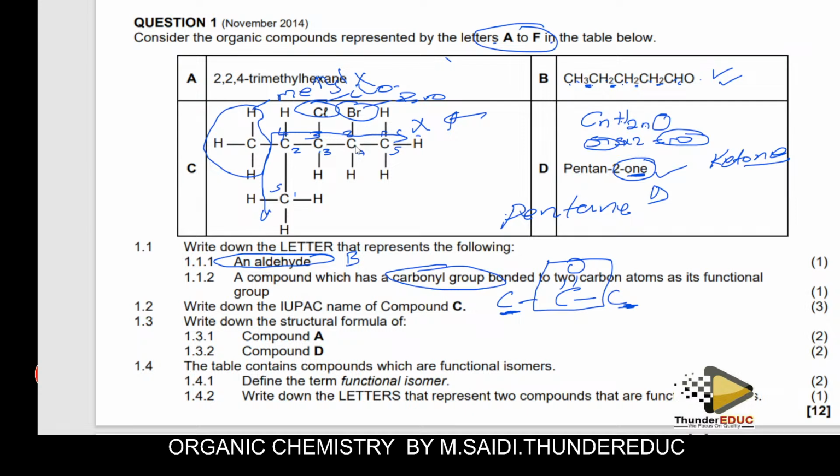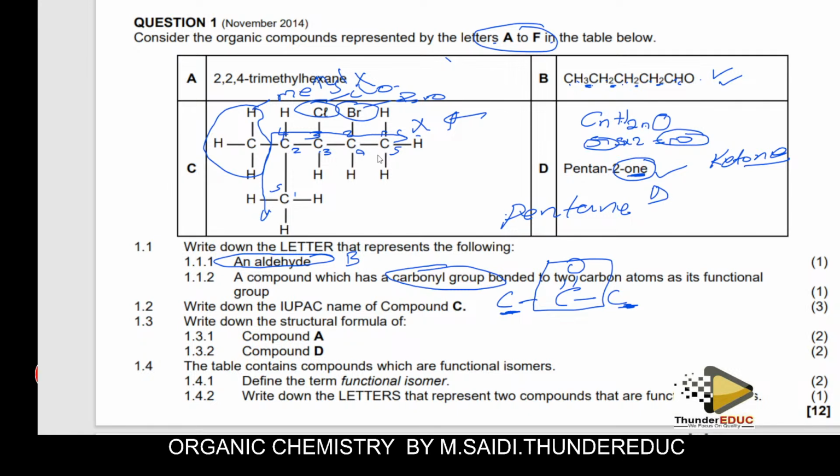But because this is a halogen, or a halide, a compound which has a group 7 element, what makes them react are the group 7 elements. So we take them as the functional group.